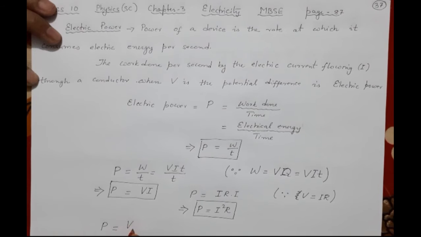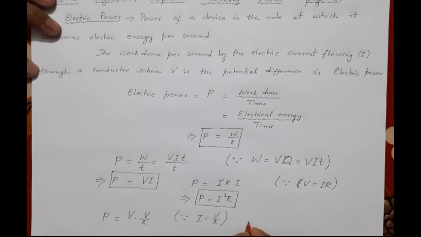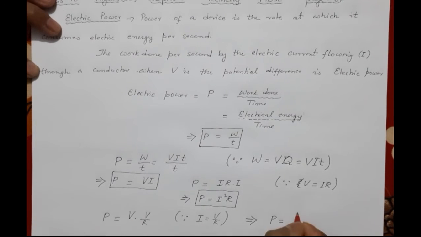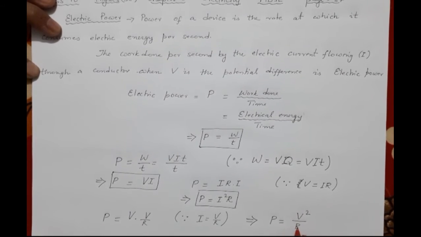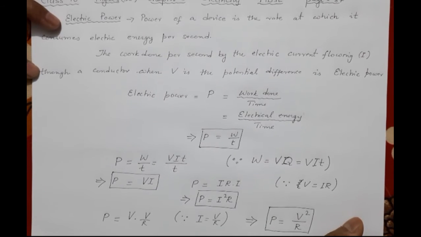Here I is equal to V by R, which is nothing but Ohm's law, and Ohm's law allows me to write this. So finally P is equal to V into V by R, that is V square by R.